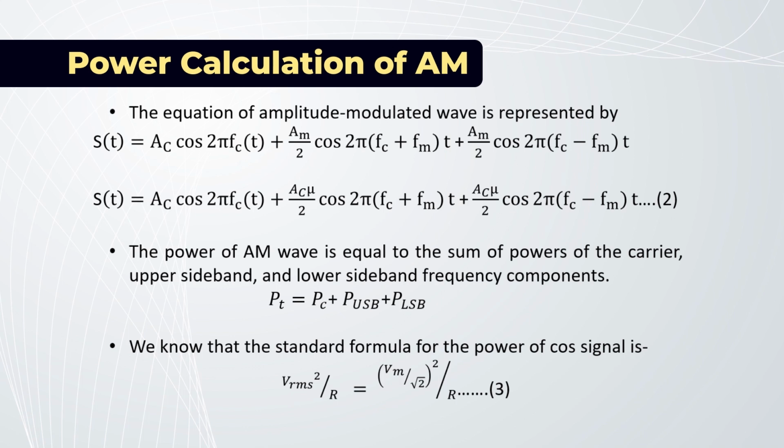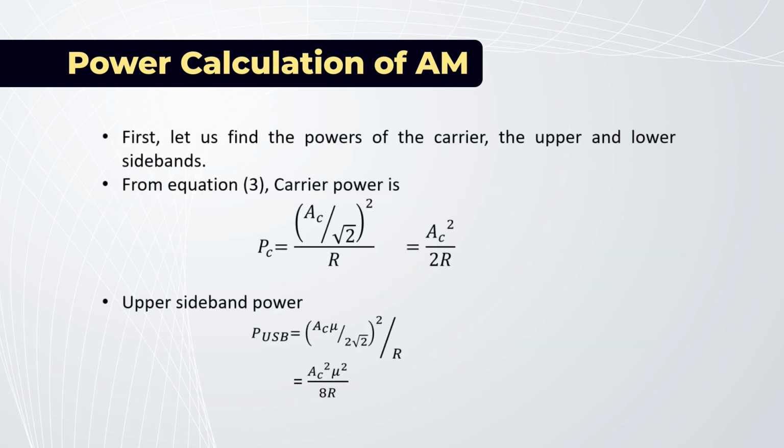We know that the standard formula for the power of a sinusoidal signal is V_RMS squared by R, and V_RMS is given by Vm by root 2 for the sinusoidal signal. So, it will be (Vm/√2) squared divided by R.